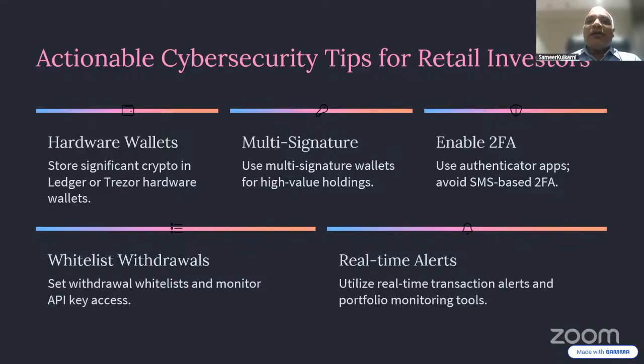Then enable two-factor authentication. It is very important for all of you to know that it should not be SMS-based two-factor authentication. SMS is very easy to hack nowadays. Whenever somebody is trying to hack, they must have already targeted the persons transacting in Bitcoin or other cryptocurrencies.